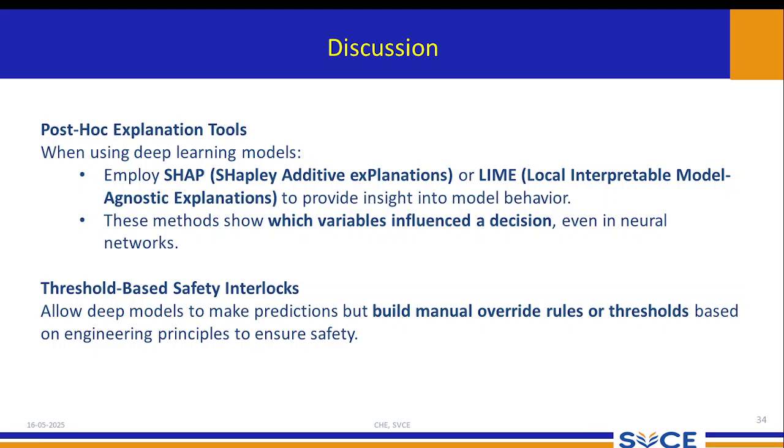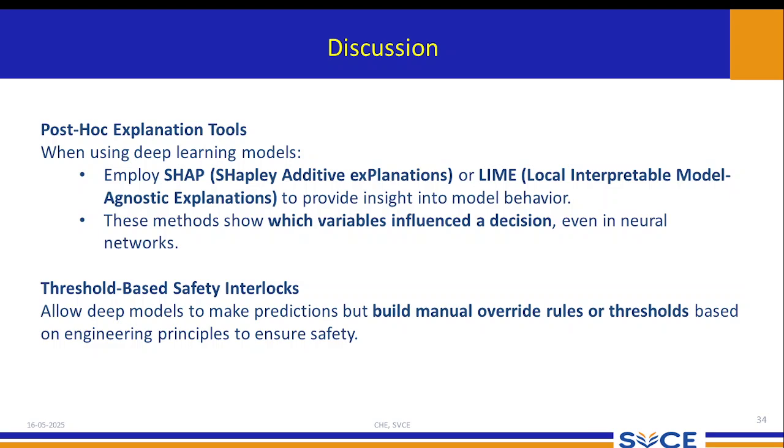It works by approximating the complex black box model with a simpler, more interpretable model locally, providing insights into why a specific prediction was made for a particular input.